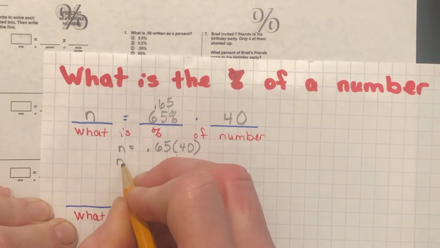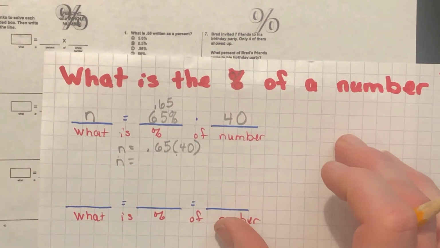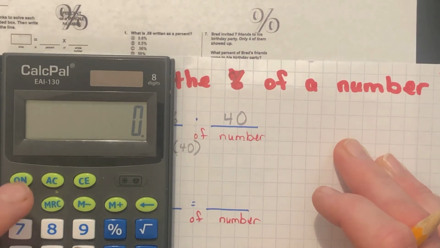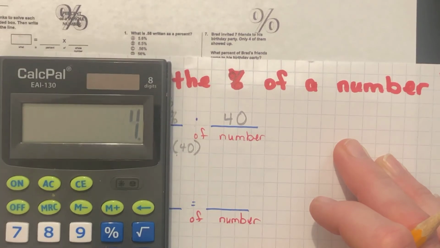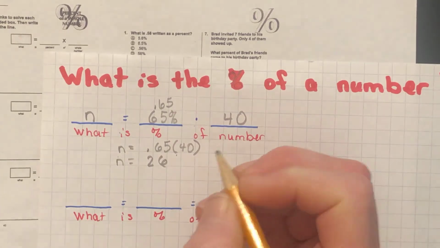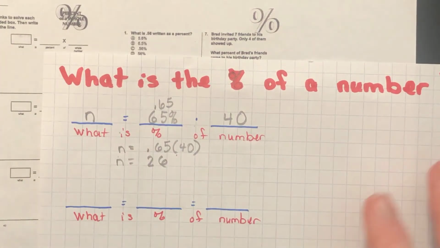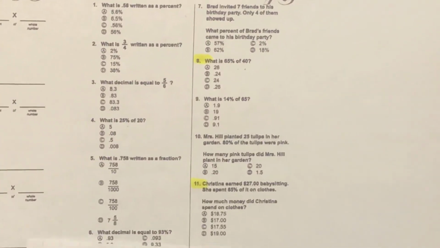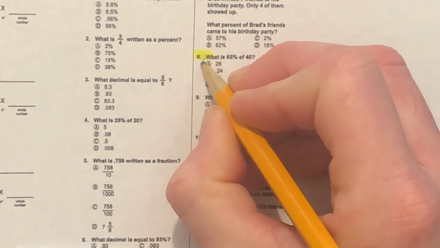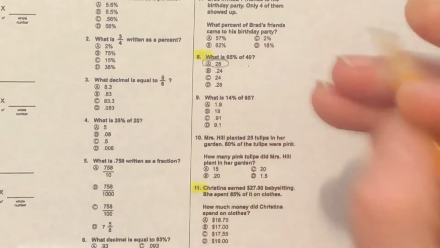So all I need to do is multiply that out, and I have an answer. 0.65 times 40. 26. N equals 26. Back to my question. What is 65% of 40? 26. I feel like it should have a percent sign after it. That's weird.